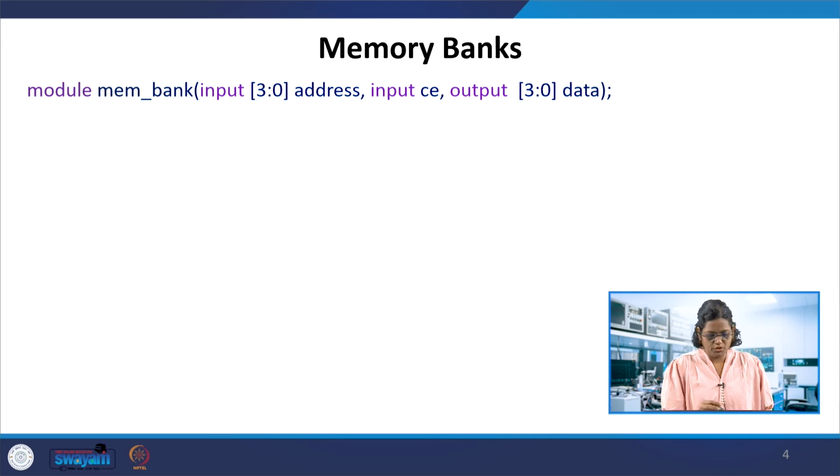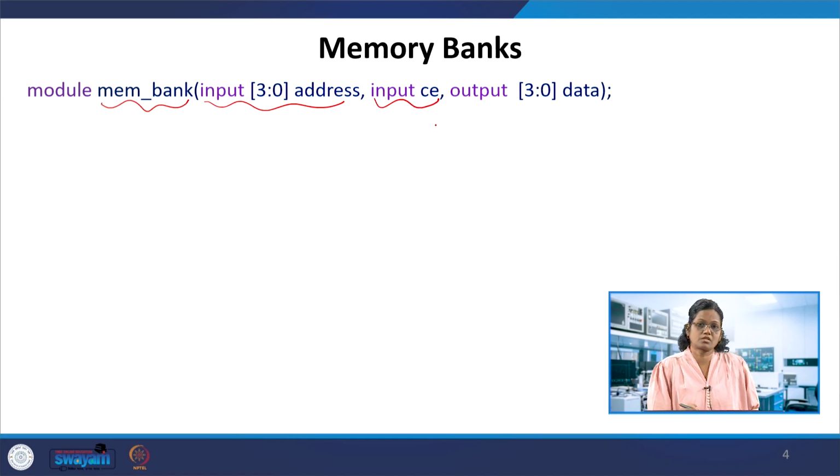So from this, we have the module memory bank. The input is an address of 4 bits, and we are going to use it in a 2-bit and 2-bit fashion. Also an input chip select, which selects which memory. Chip enable should be there for selecting that particular memory, and then the output data, which is again 4 bits here.